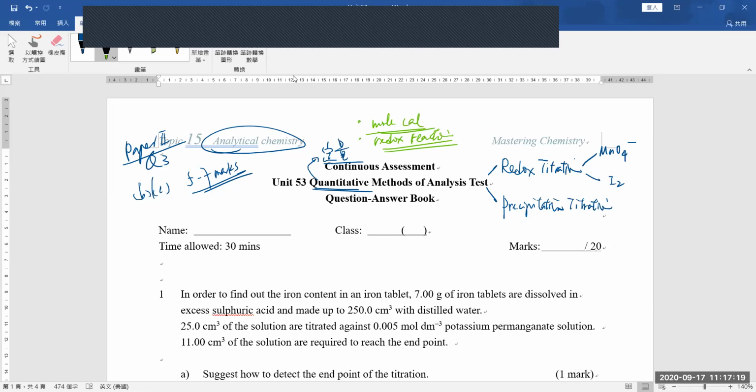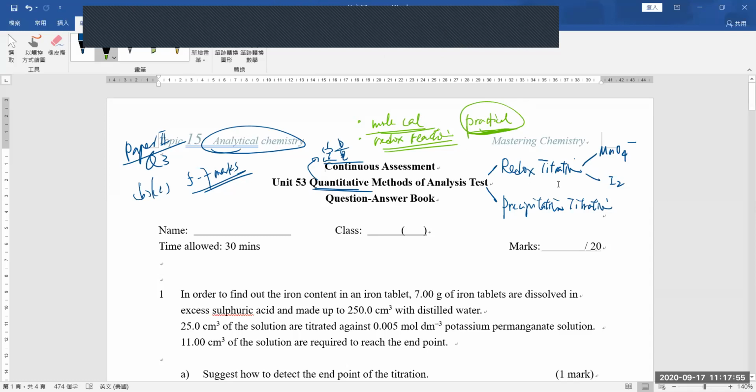When we come back, we would have the practical. We are going to do some experiment work. I will squeeze some time on the supplementary lesson so that all of you know. I will post an after-school supplementary lesson soon, such that all of you can follow. It's for Unit 55, quantitative analysis.